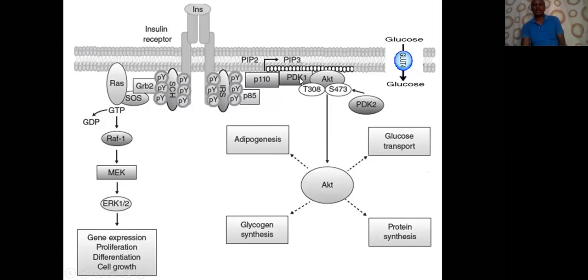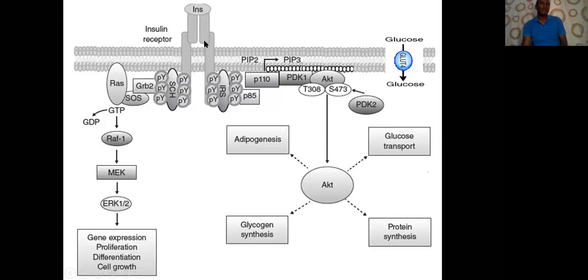This triphosphate activates protein dependent kinases 1 and 2, and then they activate protein kinase B, and this protein kinase B causes the translocation of glucose transporter 4 into the membrane, and then glucose will be transported into the cytoplasm. There you will have the glucose metabolism. So this is how glucose is transported.